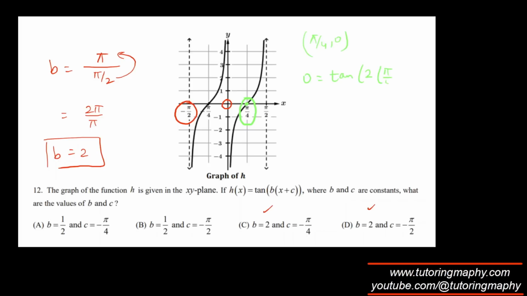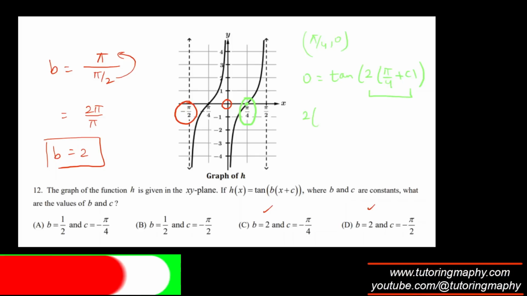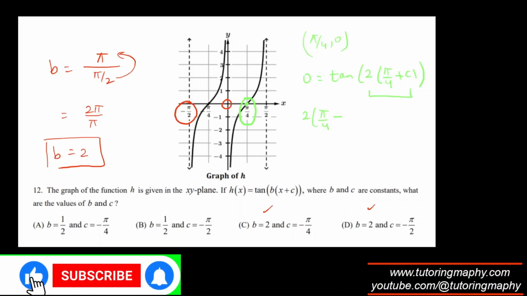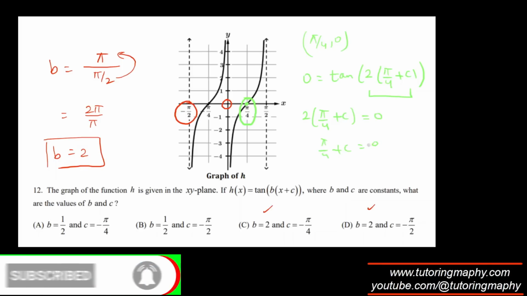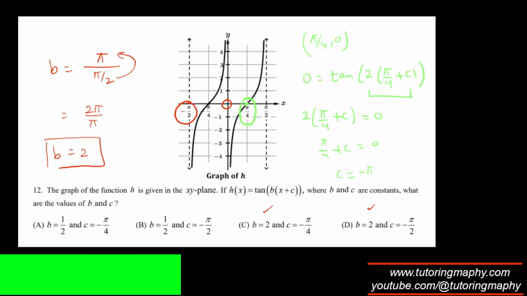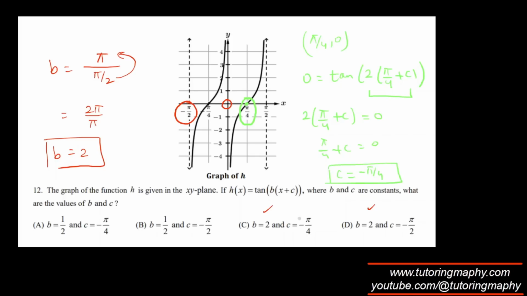X is pi over 4 and C is unknown. Now, tan of something is 0, and the easiest angle is when that something is also 0. So pi over 2 plus C should be 0, which means that C should be negative pi over 4. And indeed, that is in the options as well. So it should be option C.